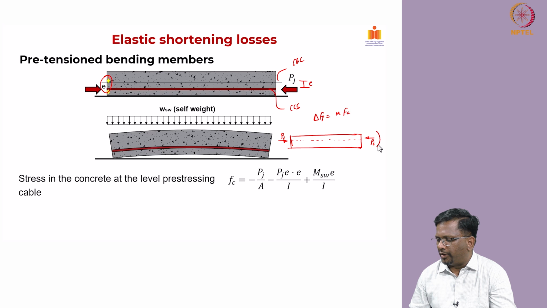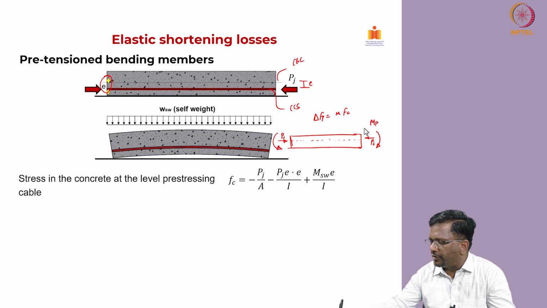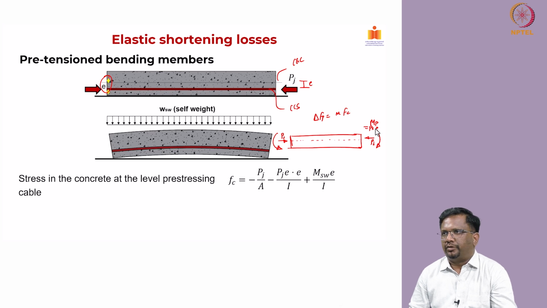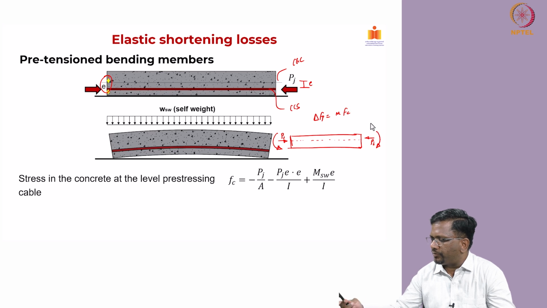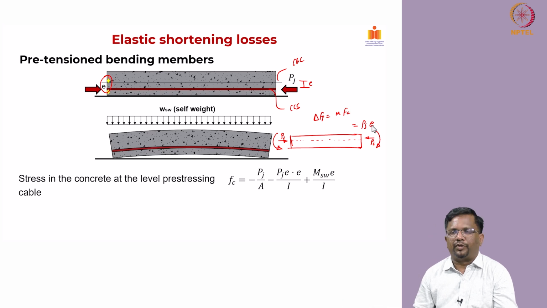So what kind of moment are we applying? We are pushing it upward, so it is going to create this kind of a moment, which is MP, equal to P into eccentricity E, so Pj times E, which is your force. So, that is what we have.